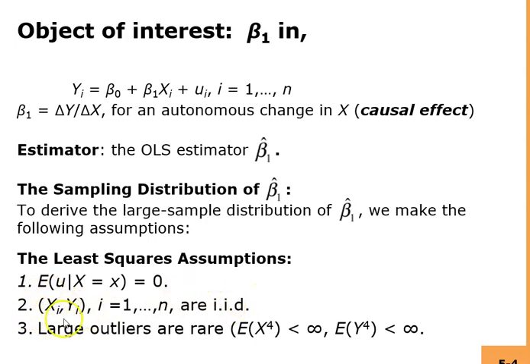Now, assumption number 2 is that x and y are independently and identically drawn. This simply means that when we are selecting a sample of schools to see what their average test scores are and what the student-teacher ratio is in that school, there is no effect of choosing the next school from the previous school.